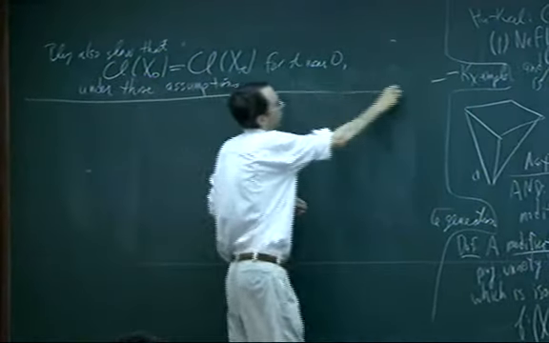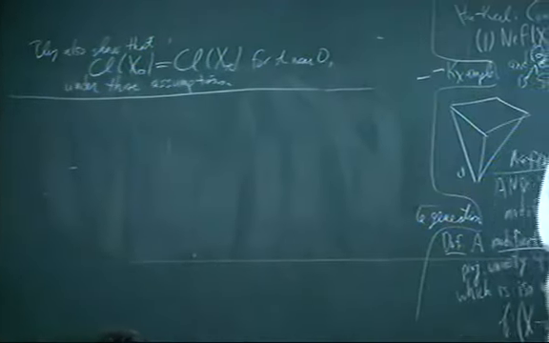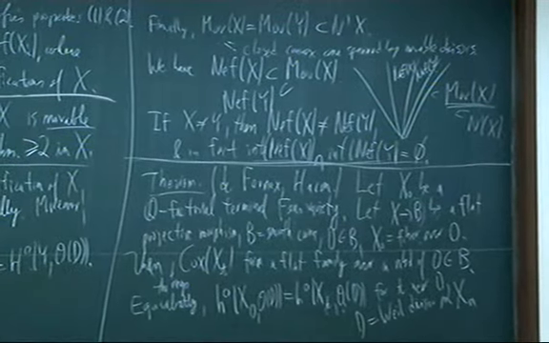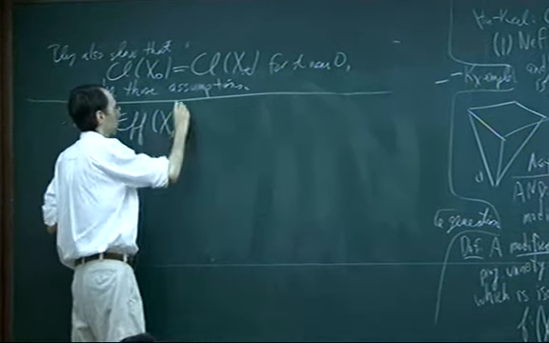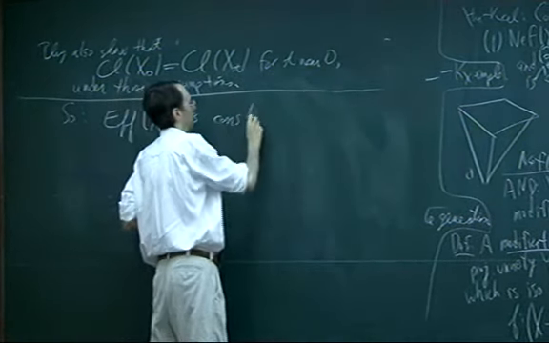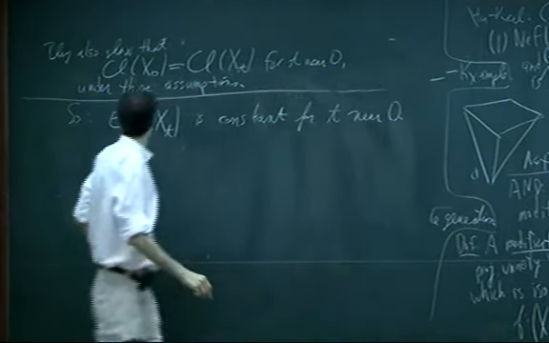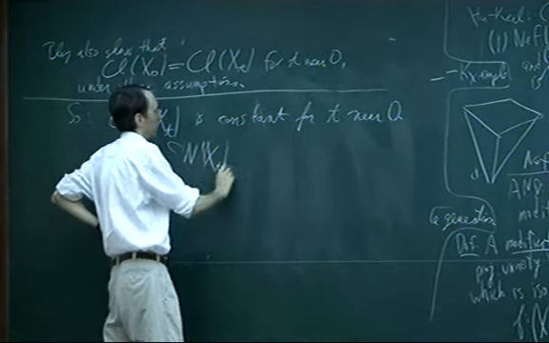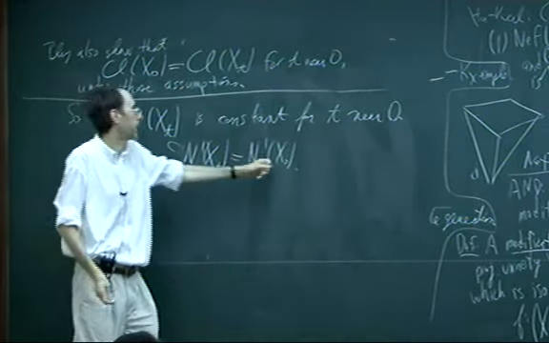Okay, so that implies that various properties of X_0 are the same as properties of these nearby fibers. So, for example, the effective cone of X_0 and the effective cone of X_t are constant for t near 0. These things live in different vector spaces, but you can canonically identify these fibers.